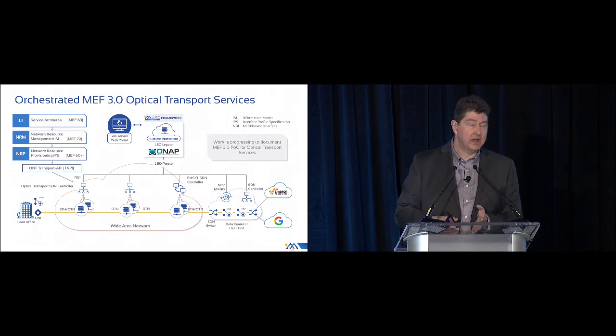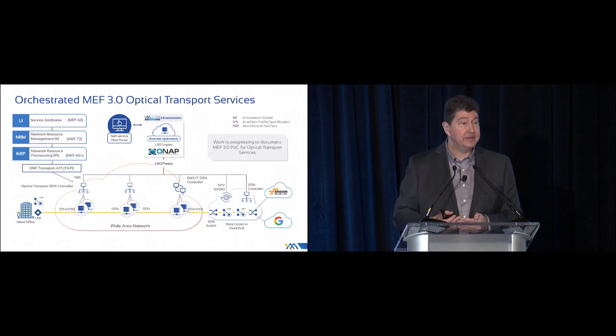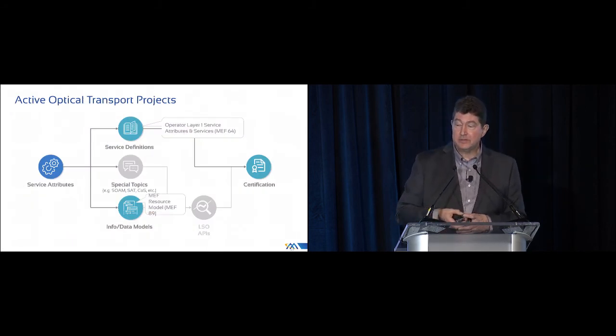MEF 60 has carrier Ethernet. We need to have the Layer 1 version of it. And with those and the ONF's Eagle toolchain, you can then generate the ONF TAPI for the northbound interface on an SDN controller.